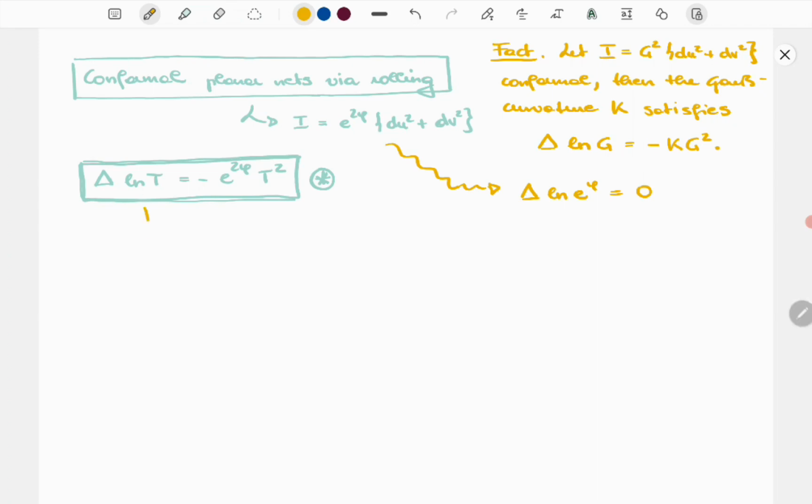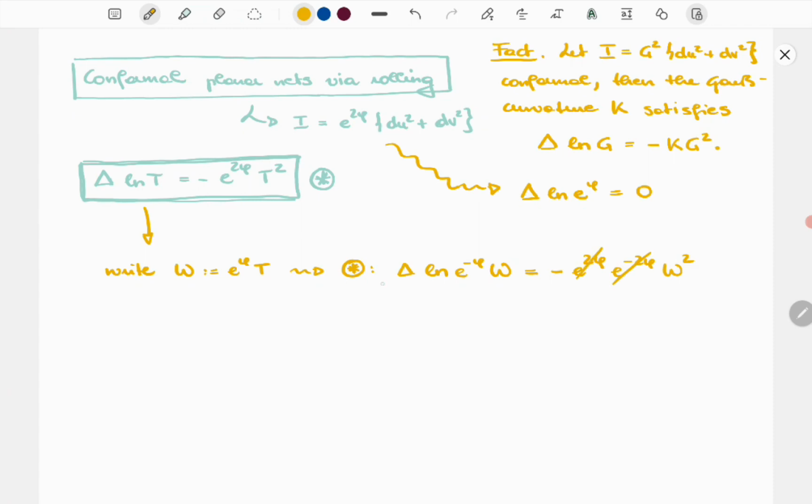Right, and this fact gives us now a geometric way of understanding solutions of that equation. Namely, we define a function w as e^phi t. Then the equation star becomes delta ln (e^(-phi) w) equals minus e^(2 phi) times e^(-2 phi) w squared.